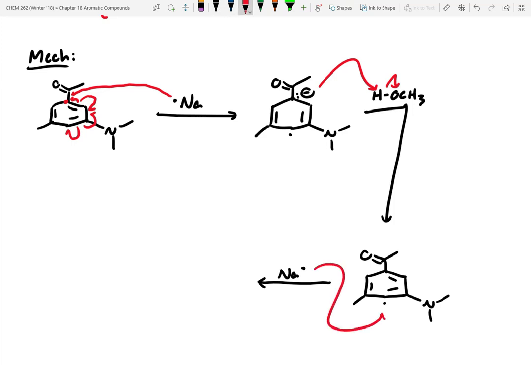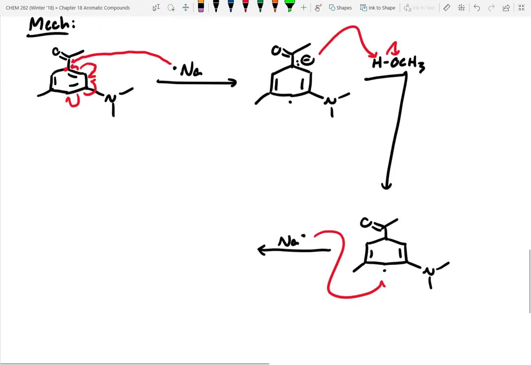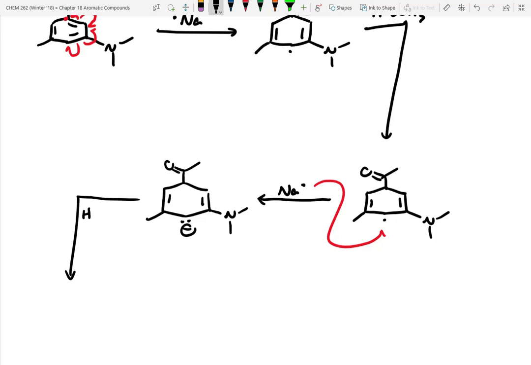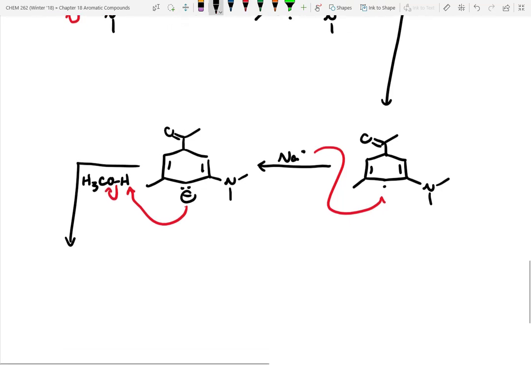That's a benzylic? Oops, thank you. It's habit. It's hard to break. Here we go. So we'll add in one extra electron. And then last but not least, we have methanol around still, our solvent. So this can steal a proton back from methanol and give us our desired product.